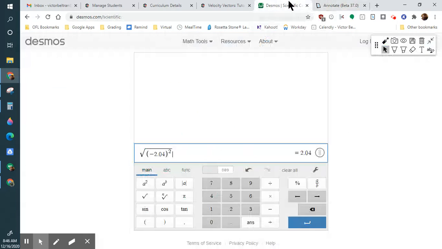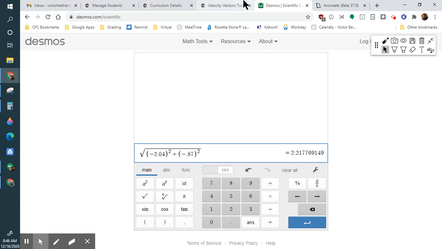Plus, make sure it's inside here, because in Desmos, when you get out, it moves over to the next spot. Negative 0.87, I believe. And we get this, our magnitude overall.